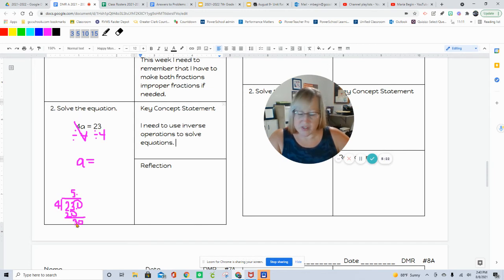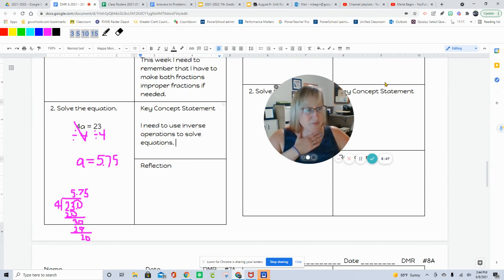So 4 goes into 30 7 times, because 4 times 7 is 28, which is as close as I can get. Okay? Remember that decimal point right there? So then when I subtract, I get 20. Okay, so this will come out even as A equals 5.75.